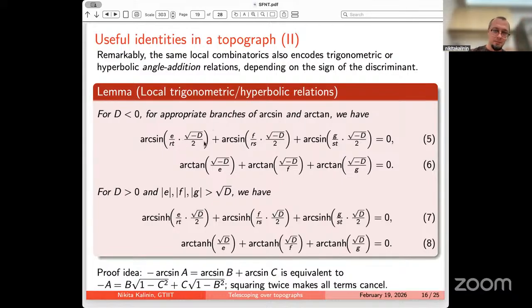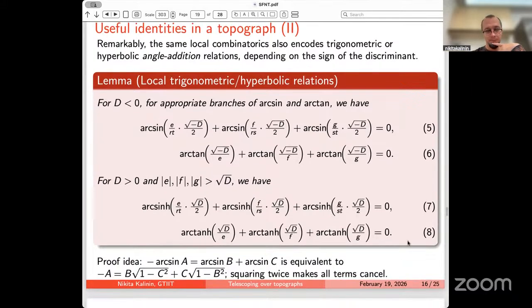If you twist them by square root of minus D over 2, where D is the discriminant of the quadratic form, then you have such an identity for arcsine or arctan, but for E, F, and G here. If D is bigger than 0, then you should put big enough E, F, G, and then you have arcsine hyperbolic and arctan hyperbolic. And you also have such an identity.